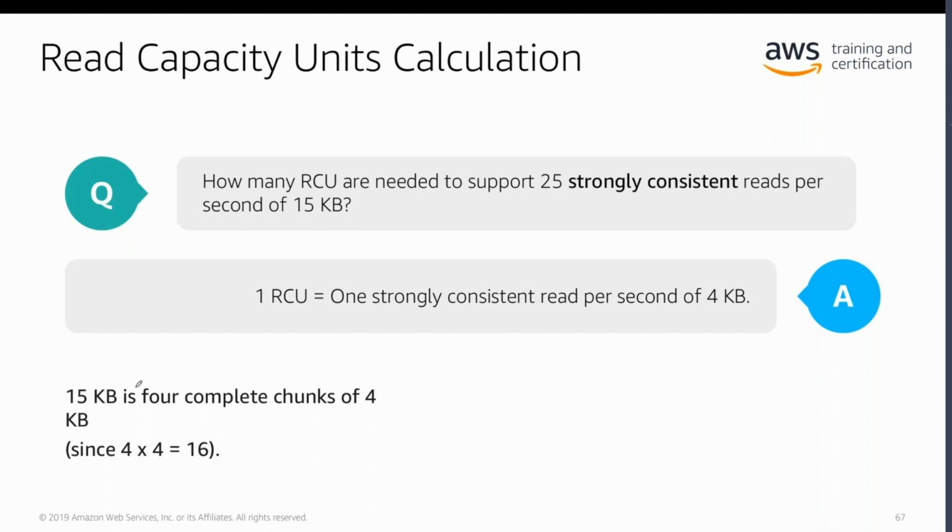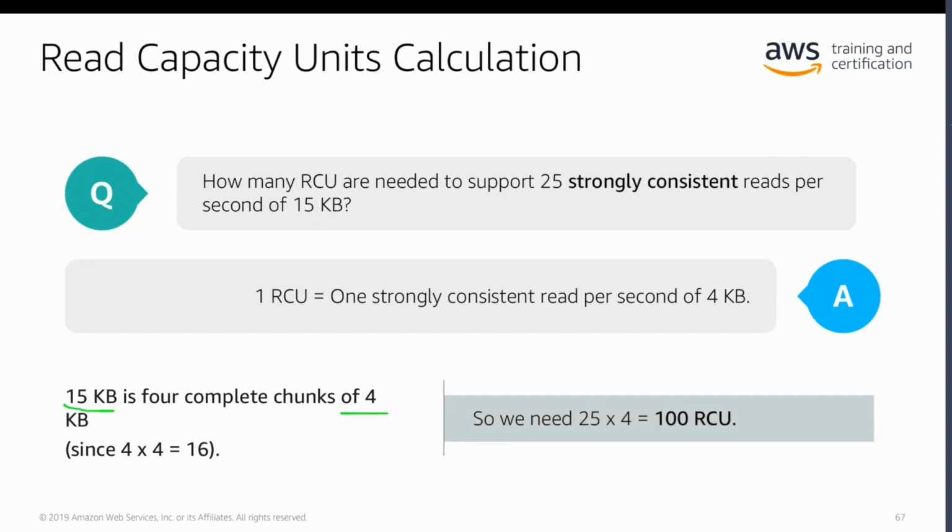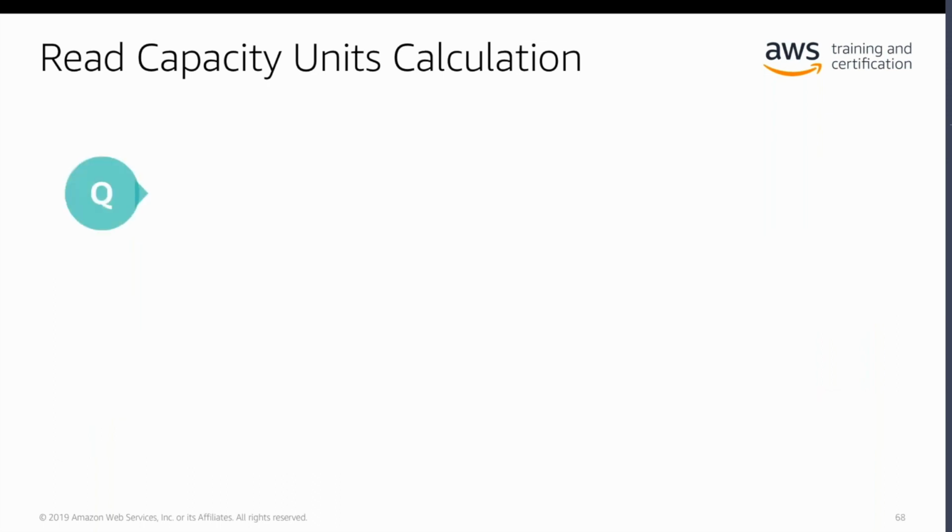Well, we know that we express read capacity units in 4K. So we would need 4 of those to do a 15K read. So we would need at least 4 for every single read that we're doing. So basically 25 times 4 is 100 read capacity units. Okay, writes, those are expressed in 1K sizes.